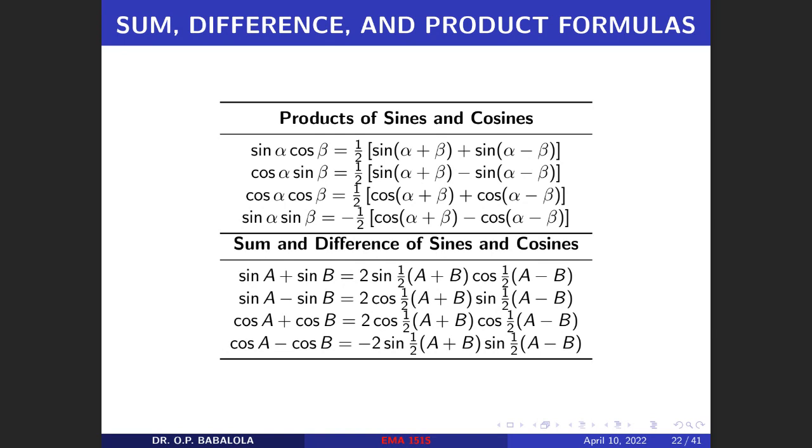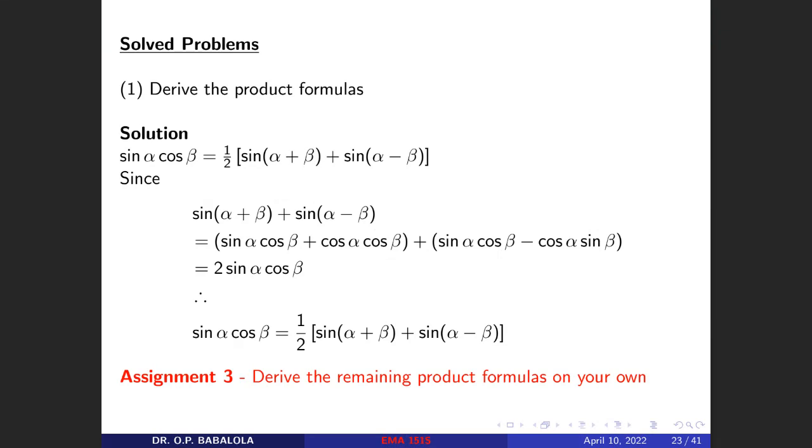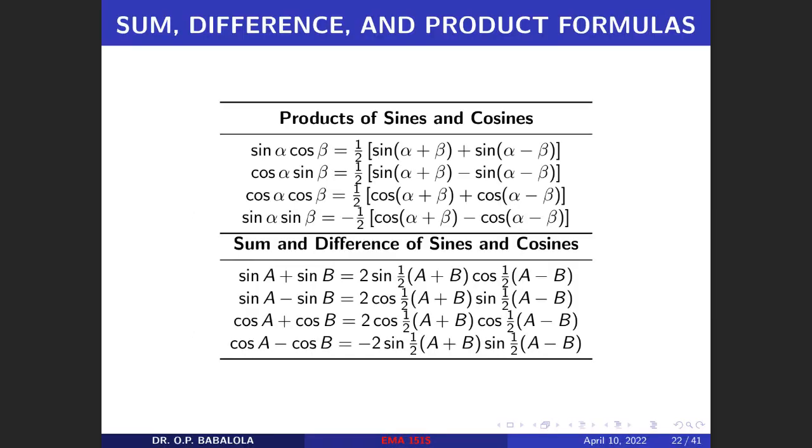So you also do the same when you're doing sum and difference of sines and cosines. You see the formulas are here, and we're going to be applying these same formulas to solve some exercises. Look at the first one. We want to derive the product formulas. How many formulas are we considering?